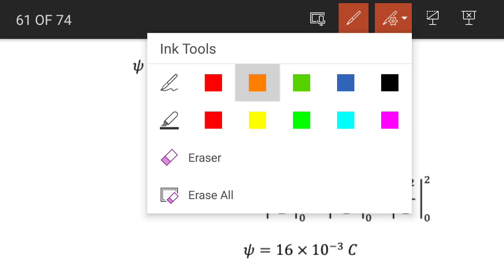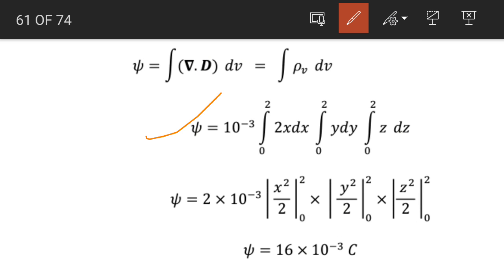So we have the flux which will be equal to 10 raised to power minus 3 times the integration of 2x dx, into the integration of y dy, into the integration of z dz. The limits are known. We know that the integration of x dx is x squared by 2, the integration of y dy is y squared by 2, and the integration of z dz is z squared by 2.